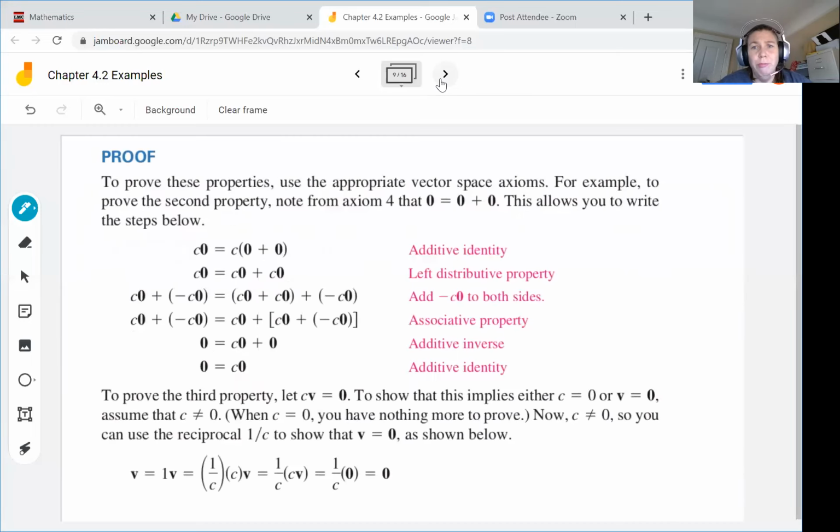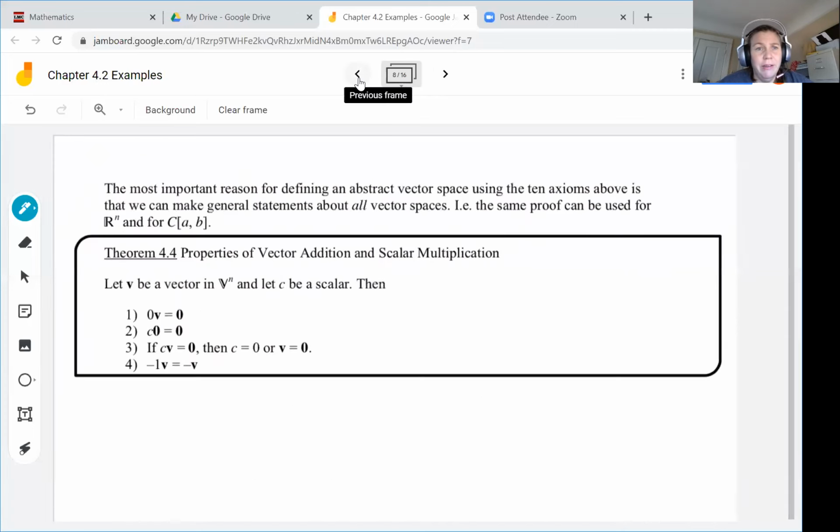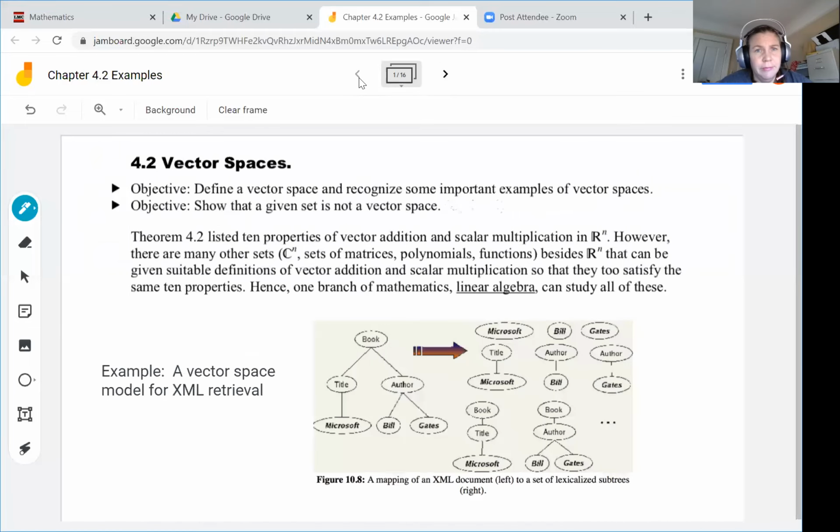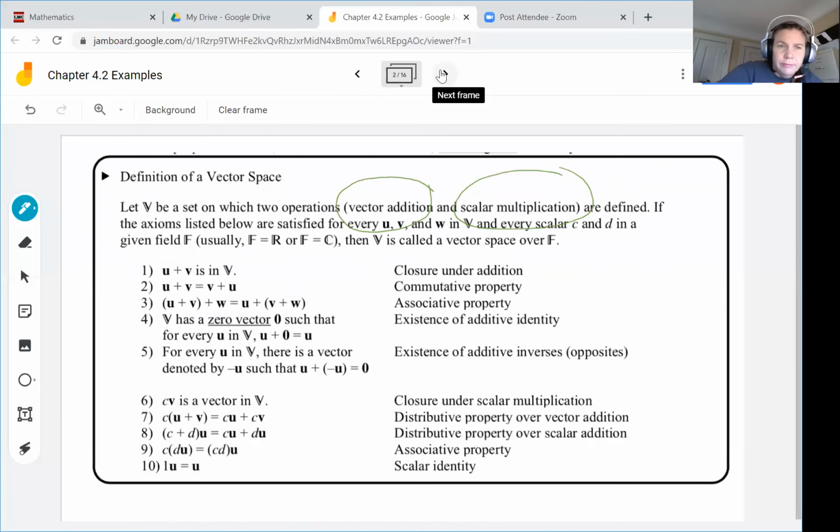So we're going to prove the second property here first. So note from axiom 4, back in our list of the 10 axioms for the vector space, that V has a 0 vector such that for every u in V, u plus 0 is still u.